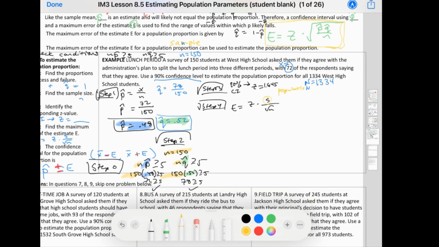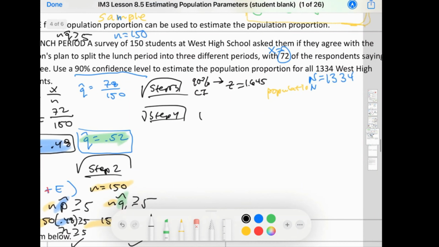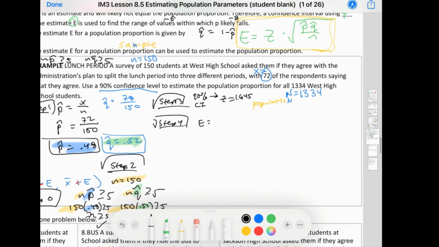So I'm going to use the one in the yellow box. Let's try that again. Over here, you need the square root of p hat q hat over n. Let's write that. E equals z times the square root of p hat times q hat over n.